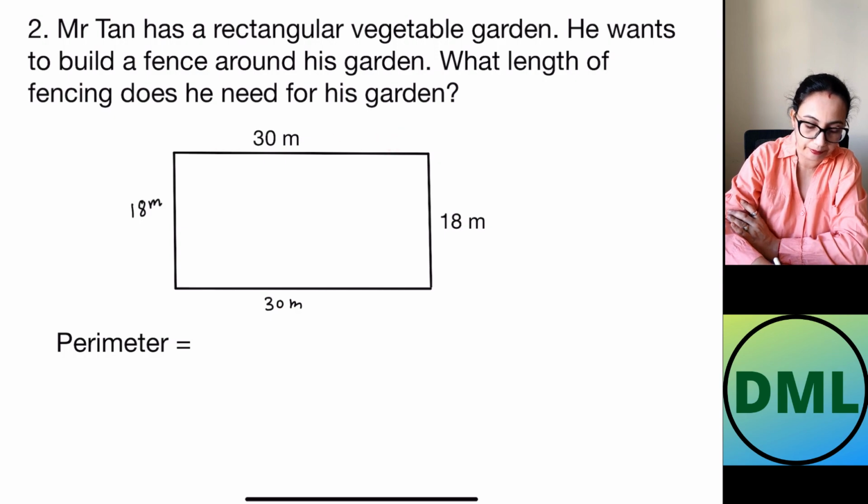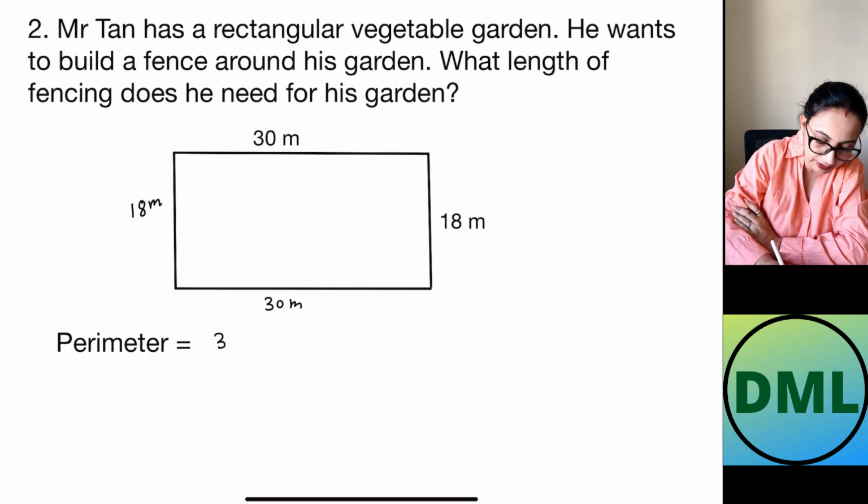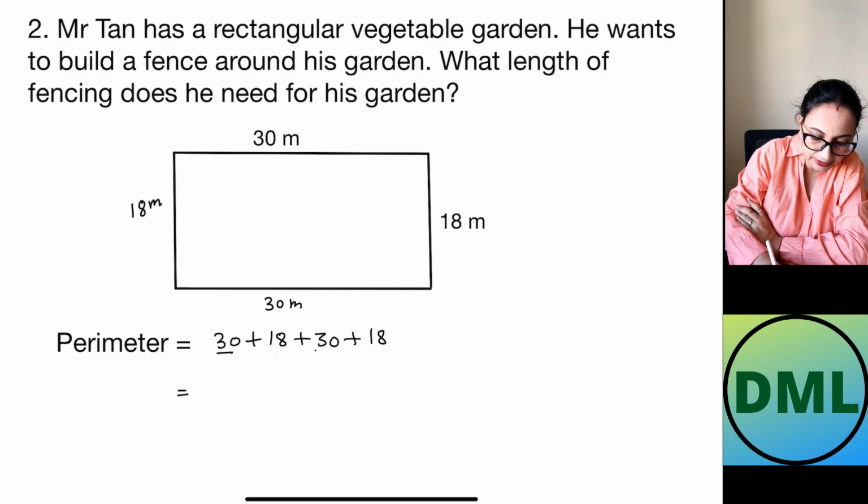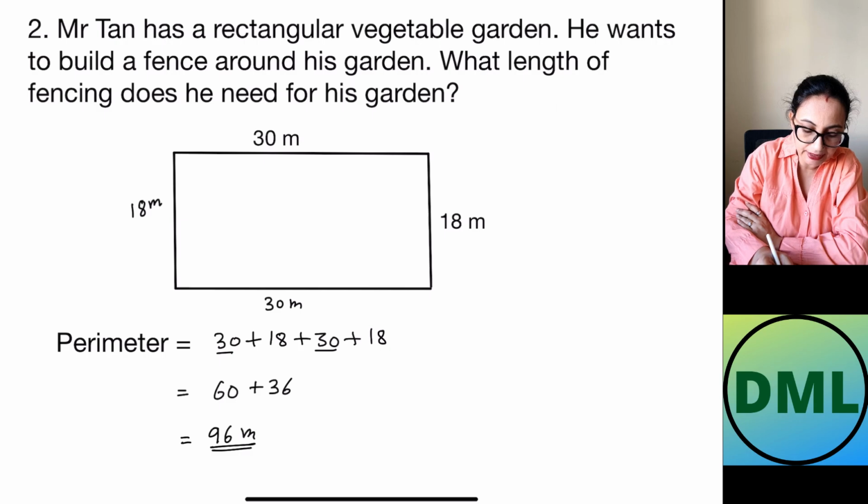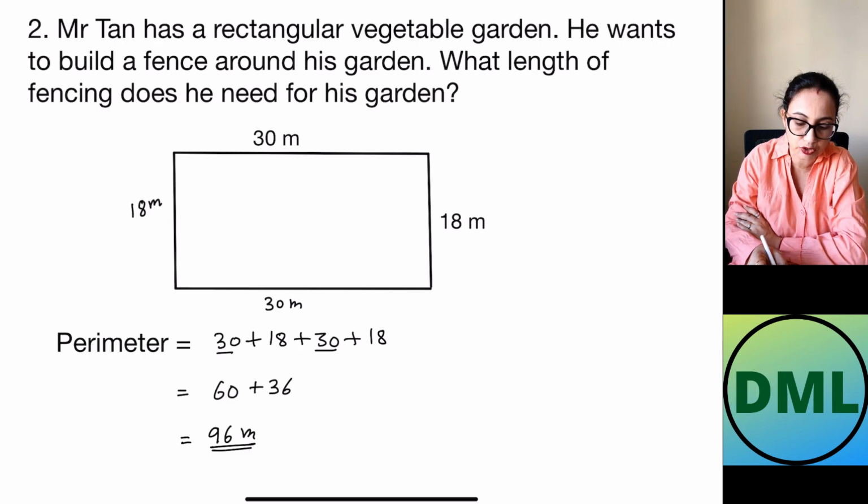Let's add all the dimensions first. So it will be 30 plus 18 plus 30 plus 18. 30 plus 30 is 60. 18 plus 18 is 36. If I add 60 plus 36, that will be equal to 96 meters. That means he needs 96 meters of fence to put on the rectangular garden.